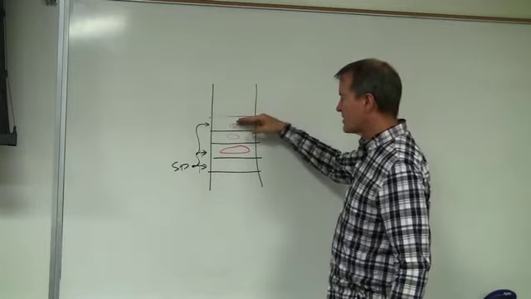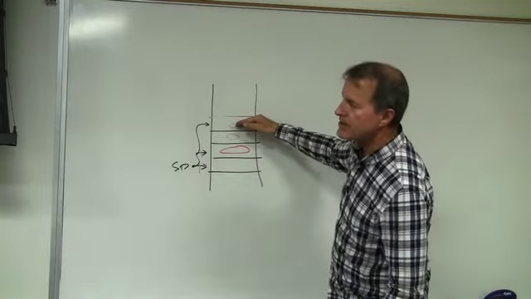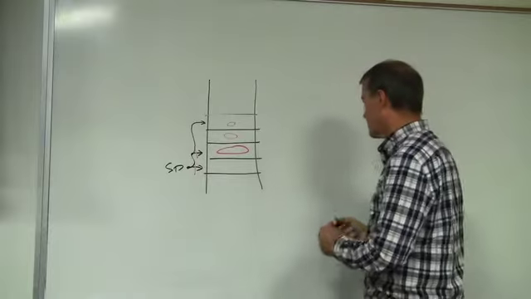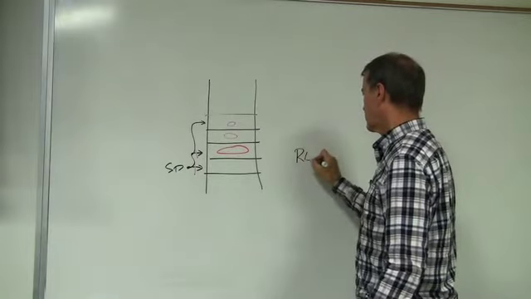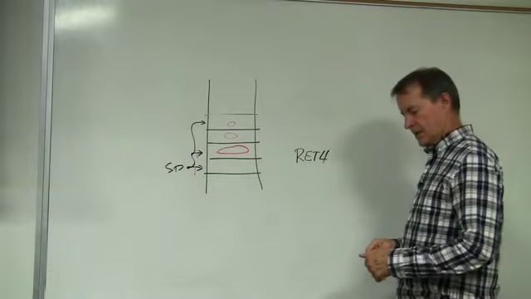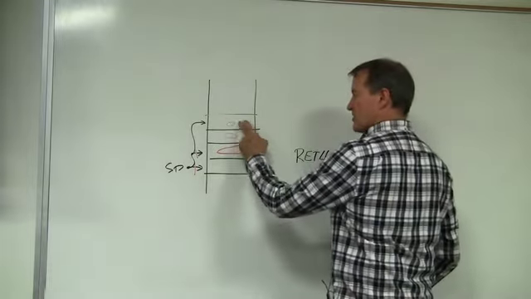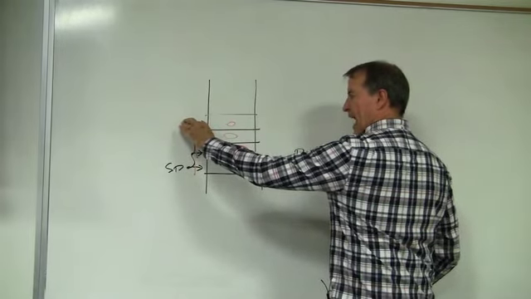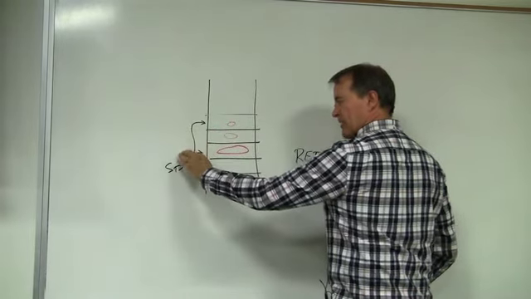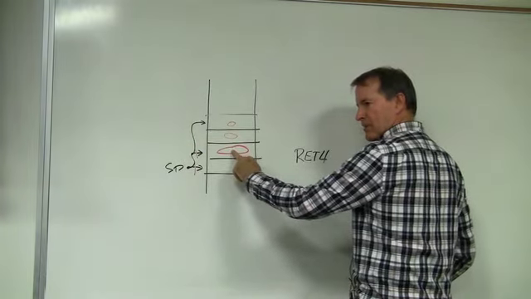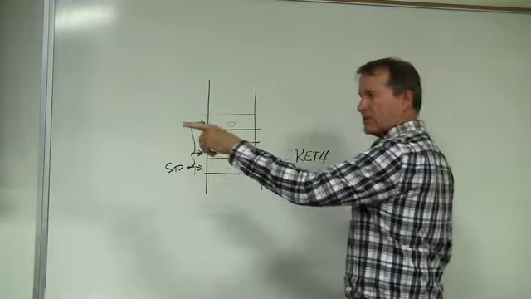Then if you did ret 4, and say each one of these is 2 bytes, first it would add 4 to SP and put it here, and then this would be pointing to the return address. Are you with me? And then what does it do?